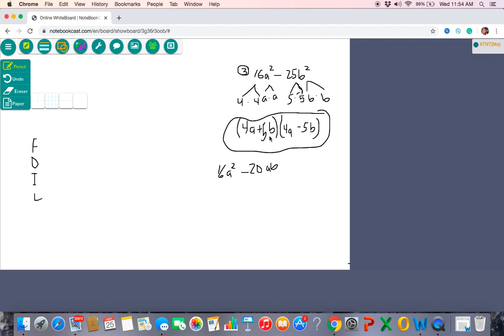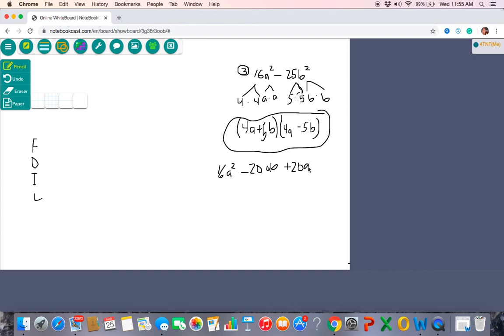Then positive 5b times 4a is positive 20, 5 times 4, ba, which is the same as ab because of the commutative property of multiplication. So 20, I can still say ab.